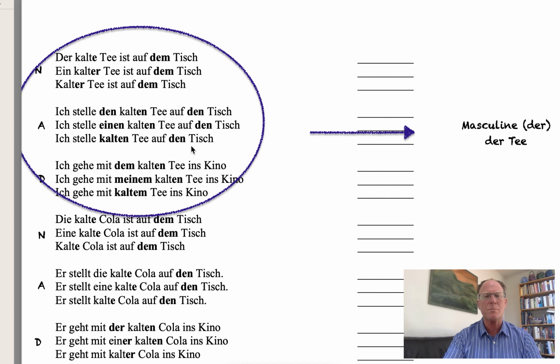And in this group of 3 stanzas, the drink is der Tee, tea. And so this will be demonstrating masculine things. Der Tee.